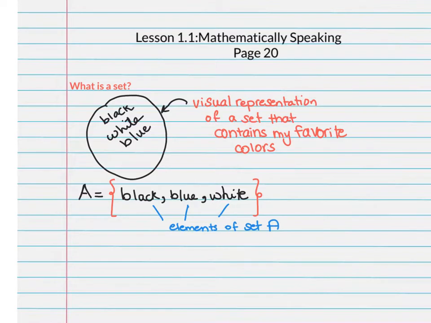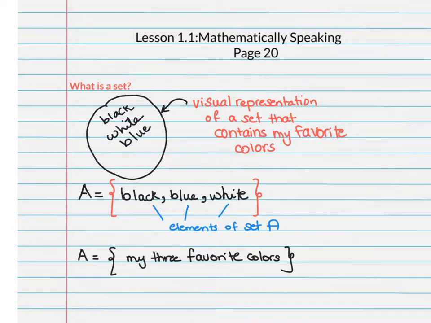I can also write my set in words. I can describe it in words. For example, A is the set of my 3 favorite colors. And I close the curly brackets. As you can see, I wrote the name of my set, which is A equals.